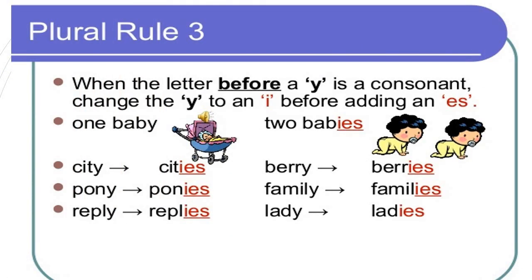This is plural rule 3. When the letter before a y is a consonant, change the y to an i before adding es. Okay, I can simply explain it like this. If there is a countable singular noun that ends with the letter y, right?